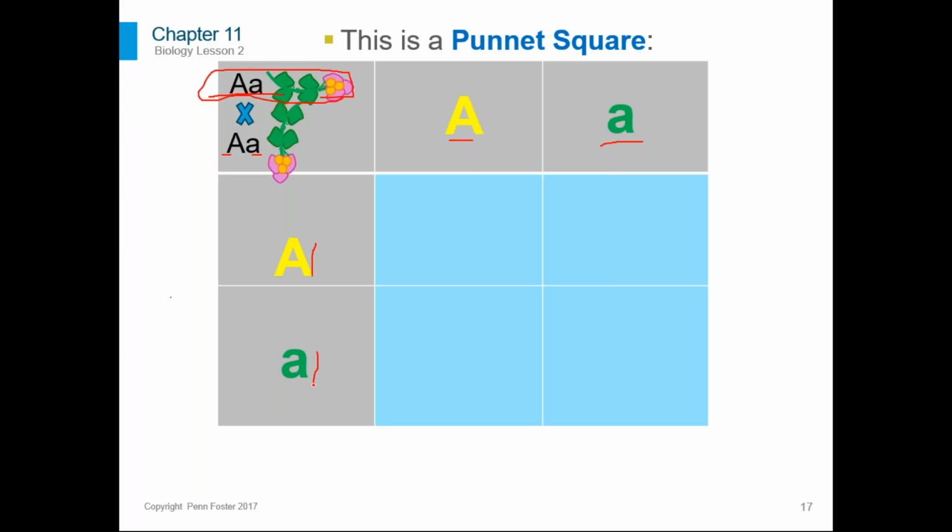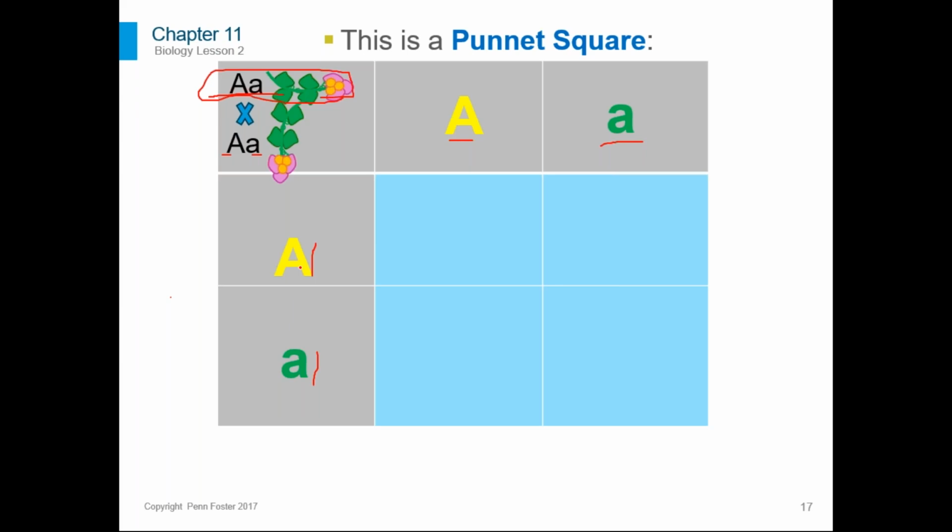Now that we have our edges filled out with the parents, so when you have a Punnett square, the top row and the side row are the parents, and then the rest of the chart is going to be the offspring. So now that we have all of that across the top and the side, we can find all the possible combinations of the offspring.